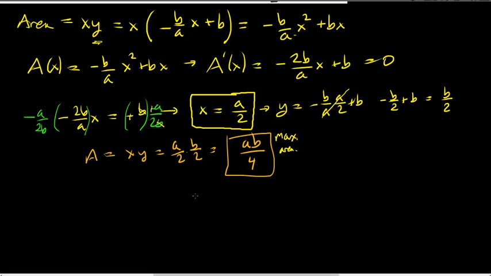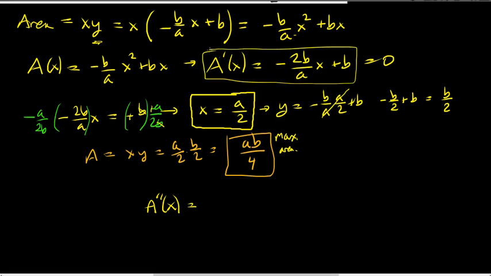But the easiest way is to use the second derivative test. So if you take the second derivative, well, where's the first? Oh, here's the first derivative. You take the second derivative, you just get negative 2b over a. And when you plug in your a over 2, it doesn't matter what you plug in. It's just negative 2b over a, which is clearly negative.